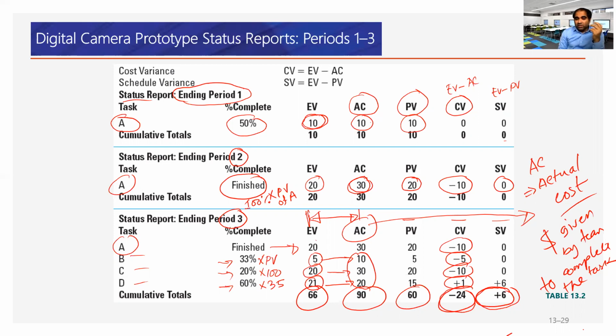By end of period 3, we can see a significant variance already, -24 from what was initially planned. So by end of period 3, we have the total number. The process goes on and on.